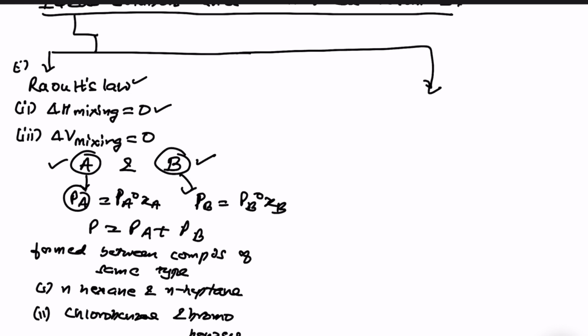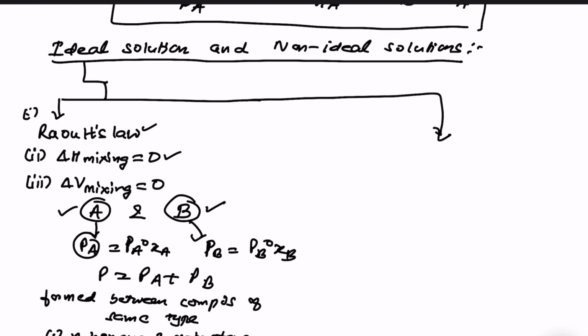Now, if these substances do not obey Raoult's law, then those are known as non-ideal solutions. So what are non-ideal solutions? Non-ideal solutions are those solutions which do not obey Raoult's law.